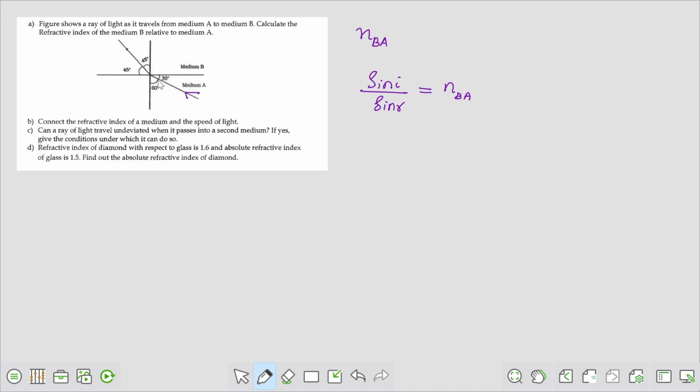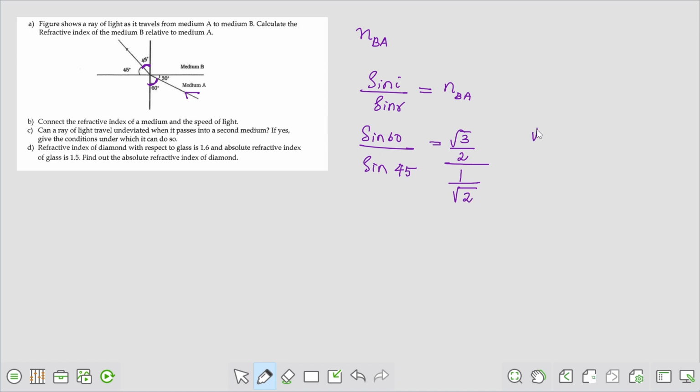What is the angle of incidence in this case? The angle of incidence is the angle between the incident ray and the normal. So sine 60 by sine r, where r is the angle of refraction. This is your refracted ray, and this is the angle of refraction, which is 45. Sine 60 is root 3 by 2. What is sine 45? 1 by root 2.